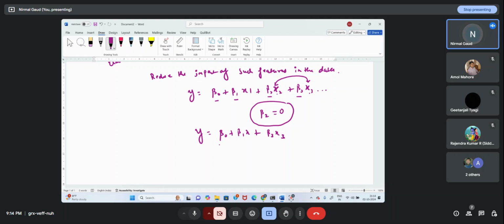So I can apply some technique so that I can adjust the value of the coefficient. With this only, I can remove the overfitting in the model.